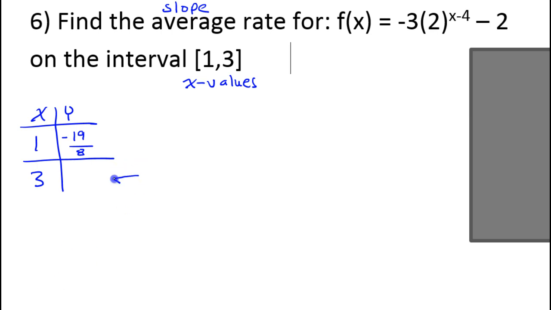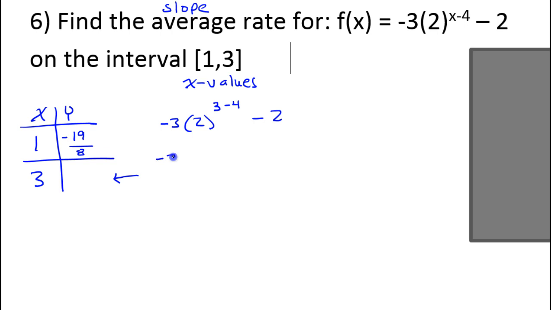Now it's time to find the second y value. Again with the formula, so this will be negative 3 times 2 to the x minus 4 power. So that's 3 minus 4 power, because of that 3, and then minus 2.